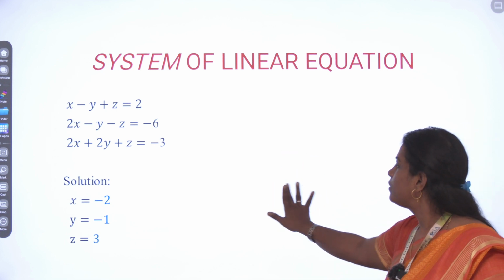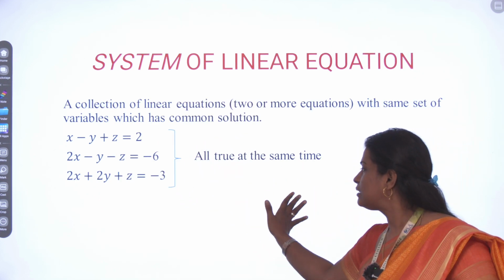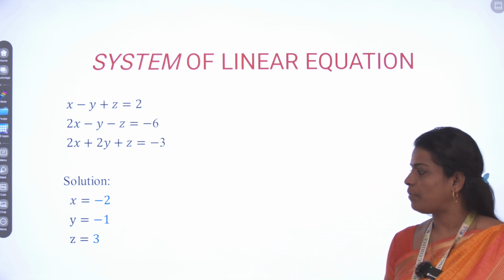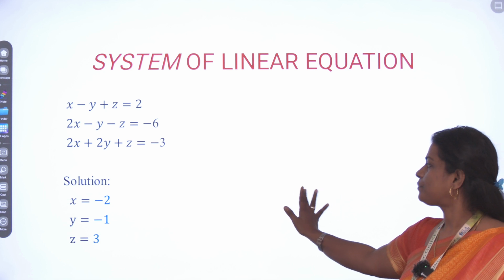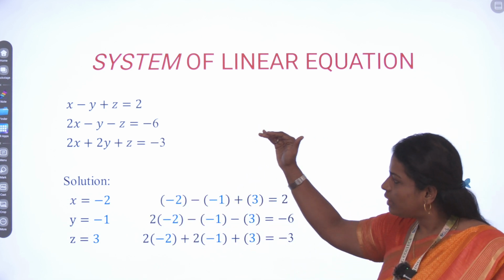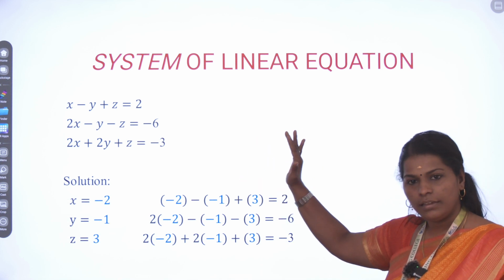So for this system, the solution is x is equal to minus 2, y is equal to minus 1 and z is equal to 3. When we substitute all those values, all those three equations should satisfy the condition.